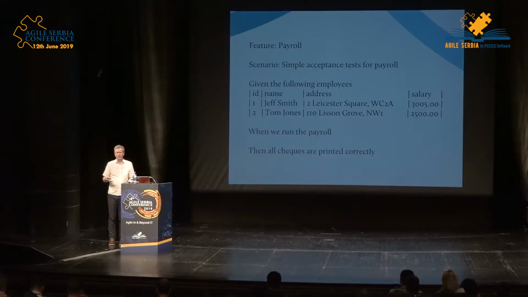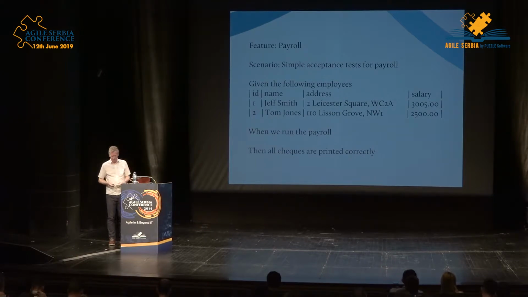So a developer who implements the automation of this is making some arbitrary decisions about what we mean by all checks being printed correctly. Furthermore, this data that we inject in the givens, we can assume that's somehow related to our idea of the correctness of the checks, but how would we know this? In other words, if I change one of those values, what do I expect to happen differently? Is this test going to fail or not?